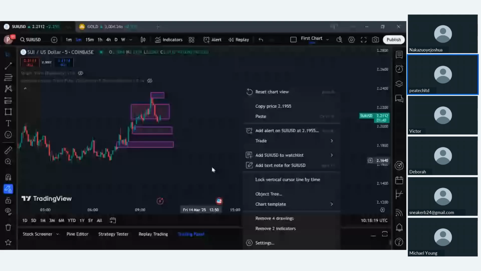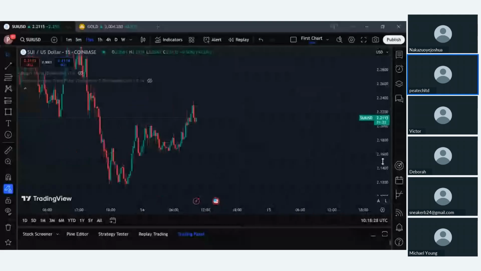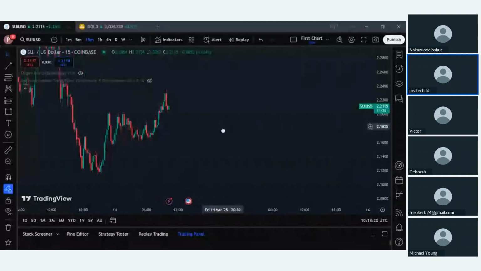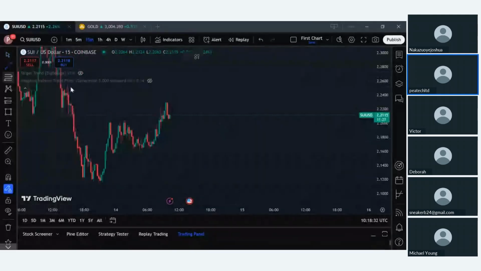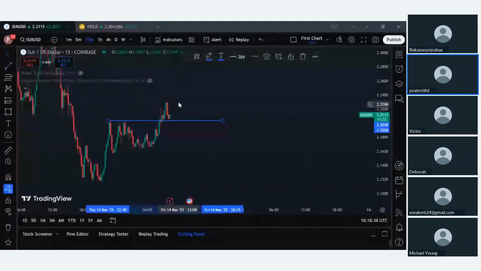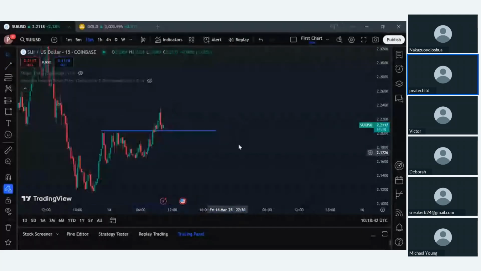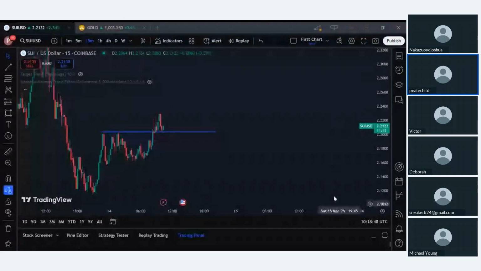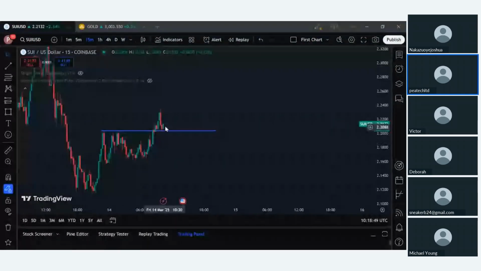Let's go to a higher time frame to confirm. So in our 15 minutes, this is what we have. We have this point broken, and the market came back to test it and is moving up. So what we are going to do is wait for this green candle to close.